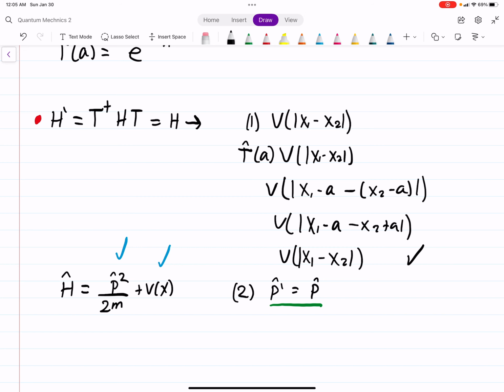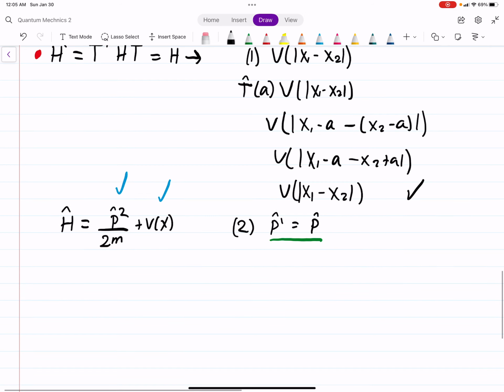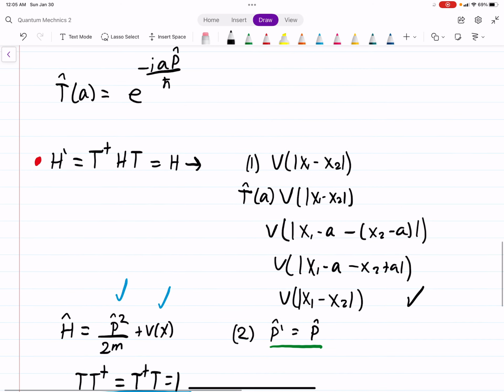Okay. We also want to make note that T dagger T equals 1. In other words, it's unitary. We also showed this in a previous homework problem. So if you'd like to see this justification, I think it was 6.2. So why did I mention that? Well, we can use these last two parts of the equation here.